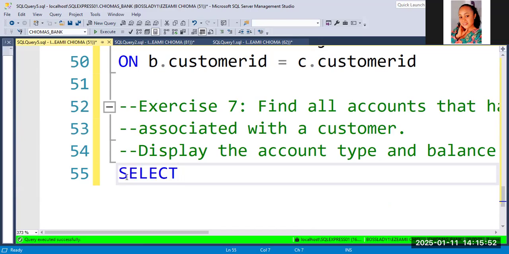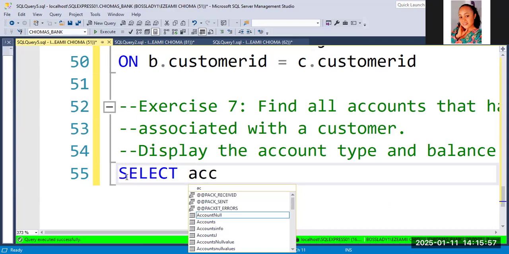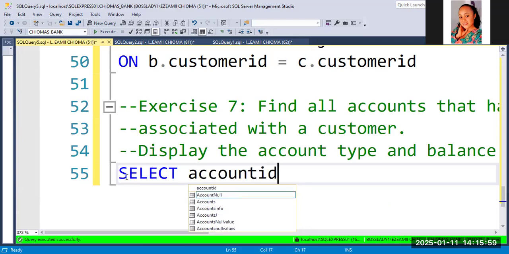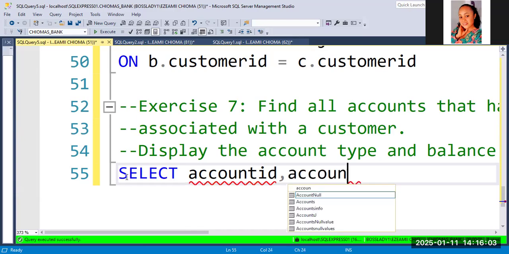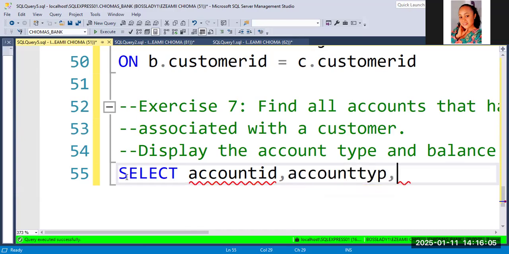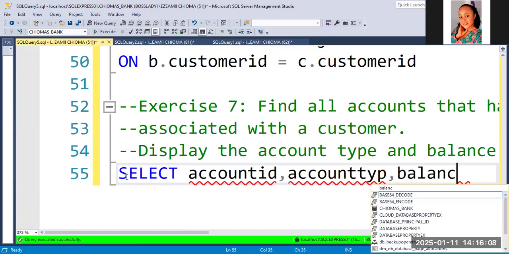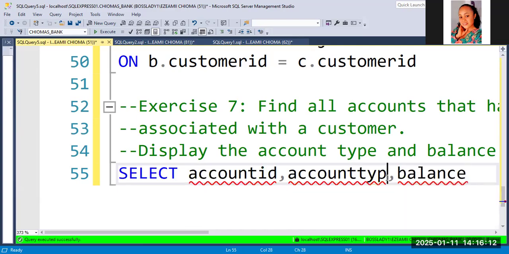So let's select account ID. Then we select account type and the balance. That's what we are working towards. These are the information we need to get.